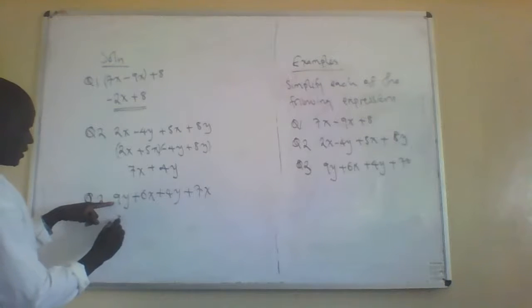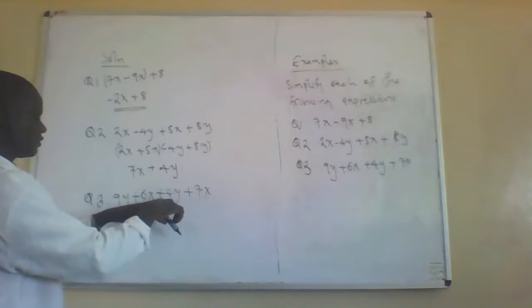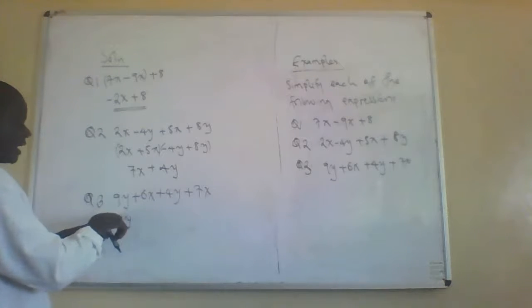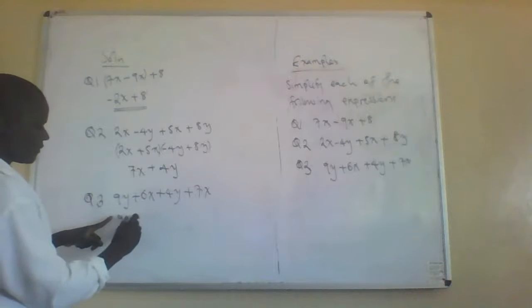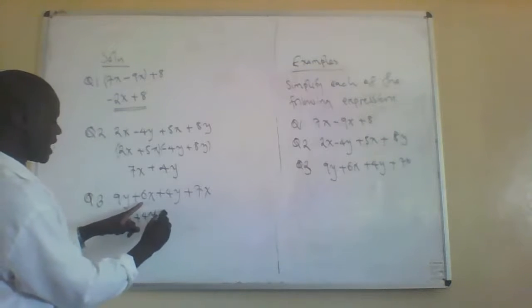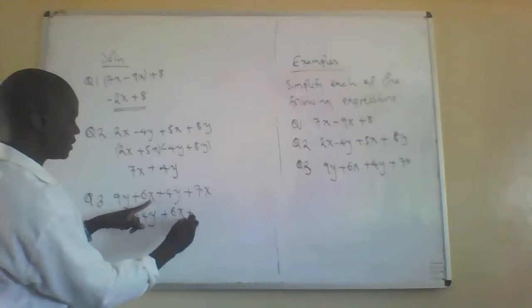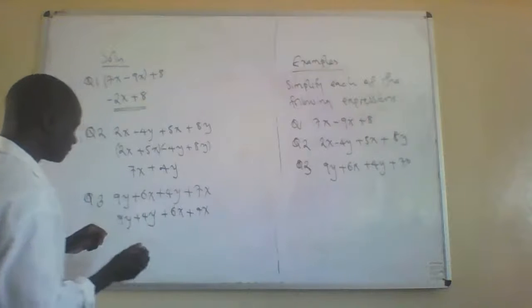So we are going to have 9y. We're going to bring this 4, which has a y, but the sign on the 4 is positive, so positive 4y. Then plus the 6x here. Then we bring also the 7x around here.